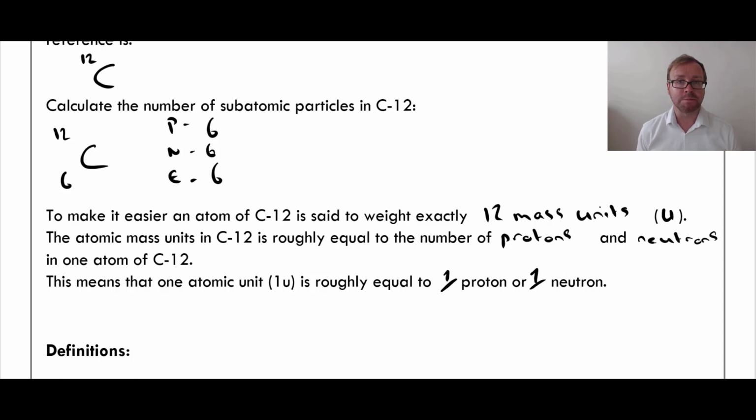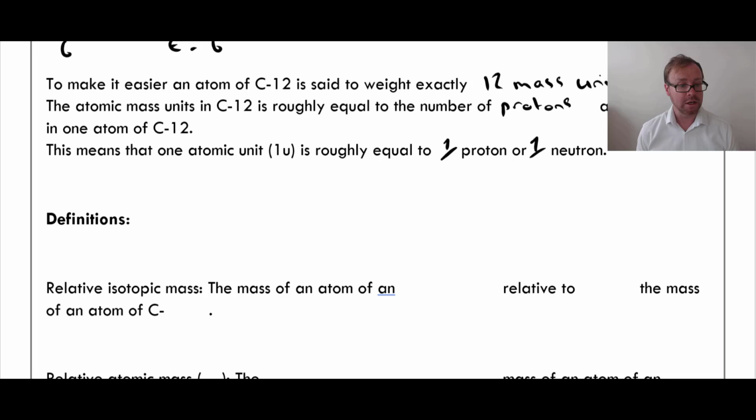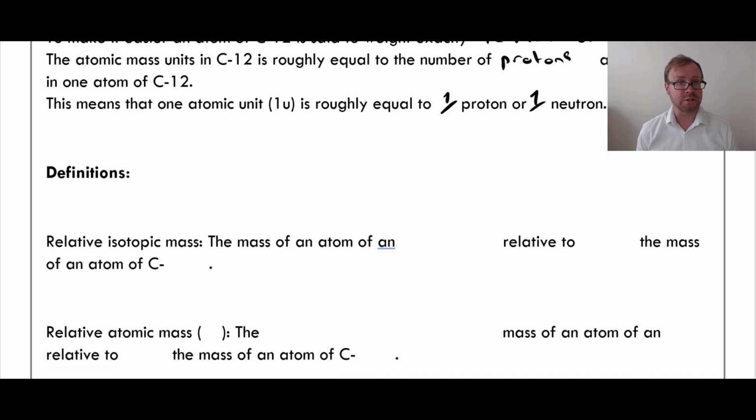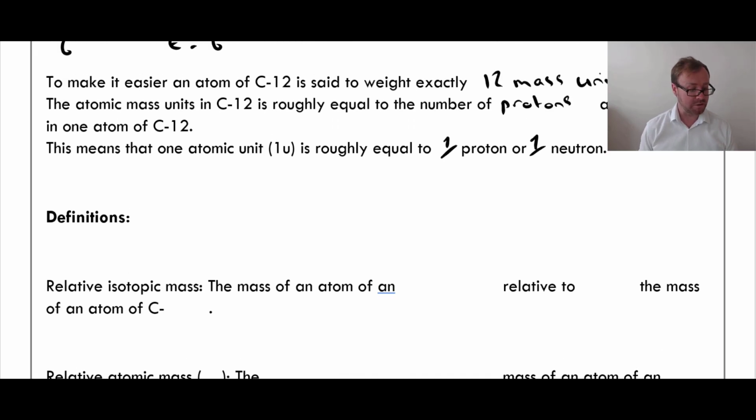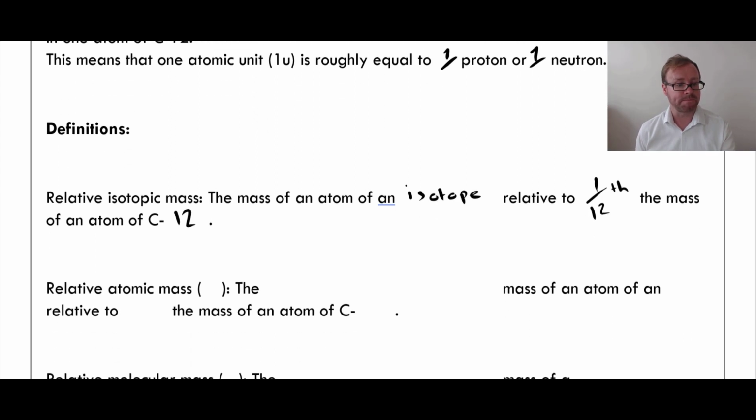It will start to make a bit more sense when we come on to the next page. Moving down, you have to know these definitions off by heart. So let's go through them. Relative isotopic mass is the mass of an atom of an isotope relative to 1/12 the mass of an atom of carbon-12.